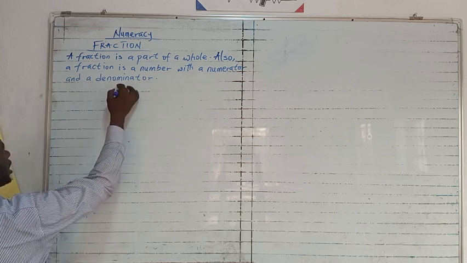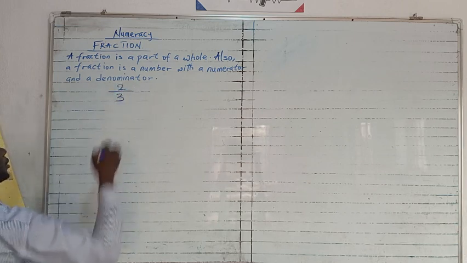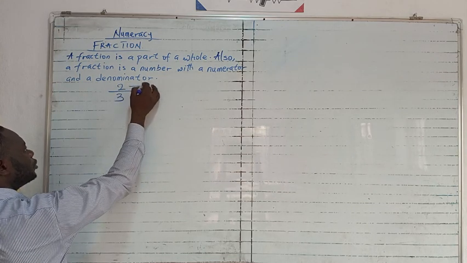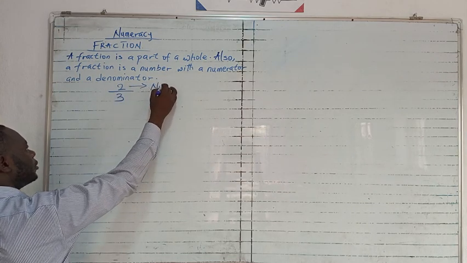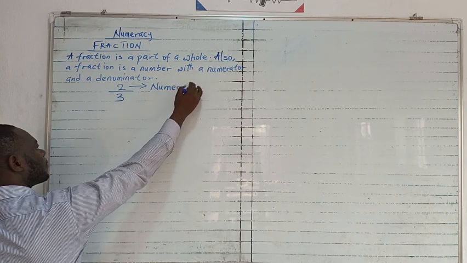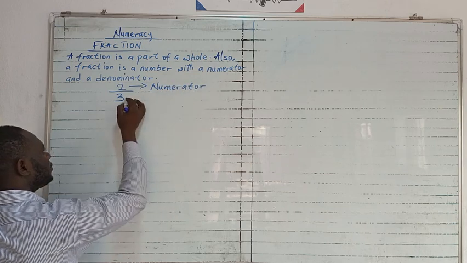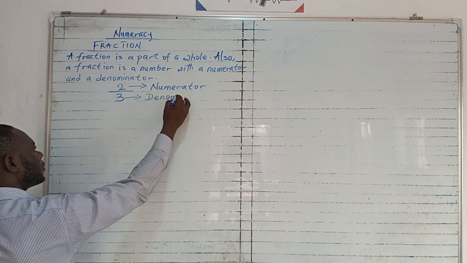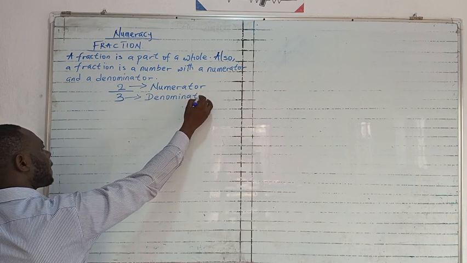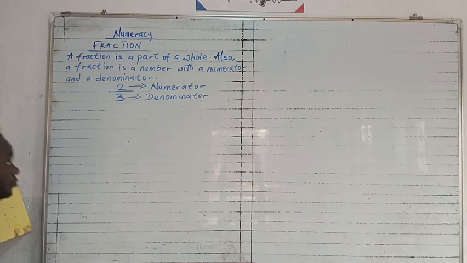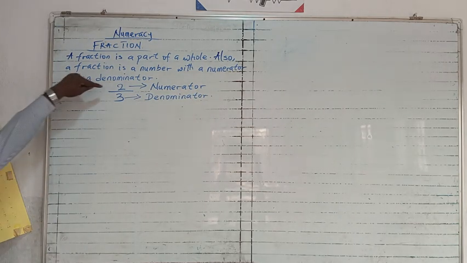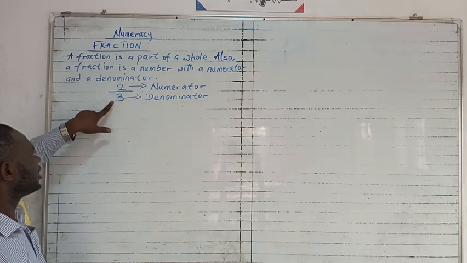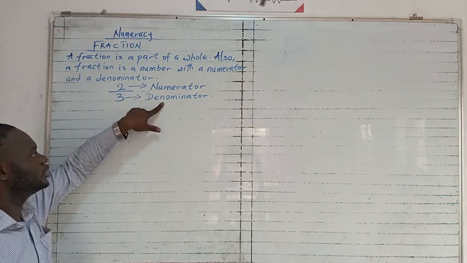So if I have something like 2 over 3, this is a fraction. Okay? Now 2 is called the numerator, while 3 is called the denominator. Alright? So the number up in a fraction is called the numerator, while the number down is called the denominator.